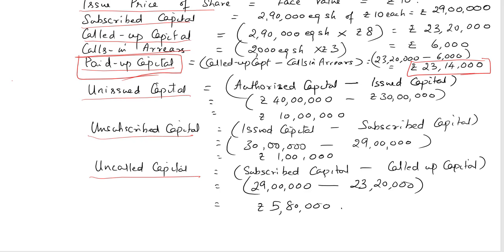So the paid up capital is what comes as part of the share capital final amount in the liability side of the balance sheet.